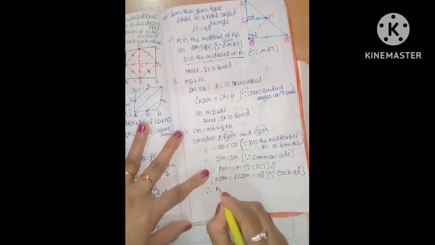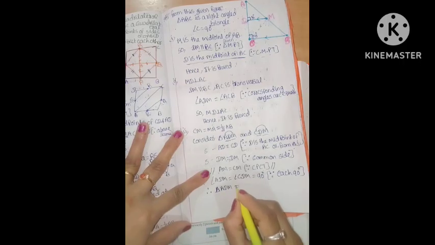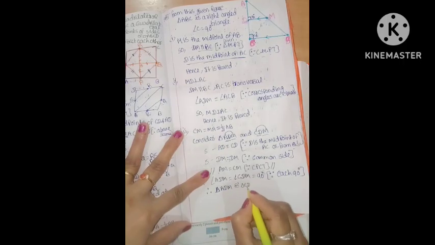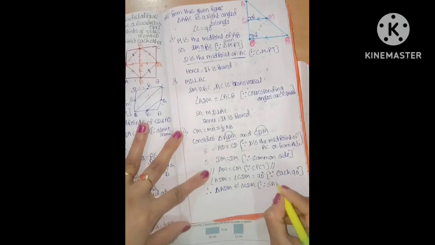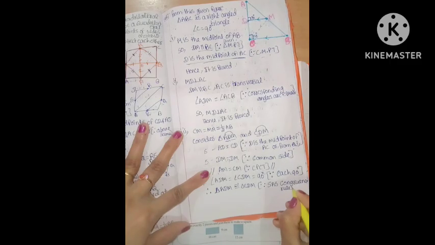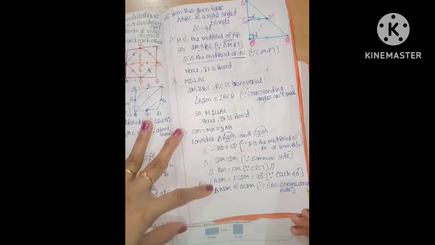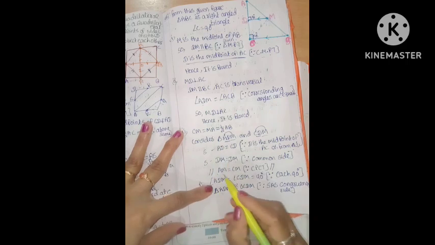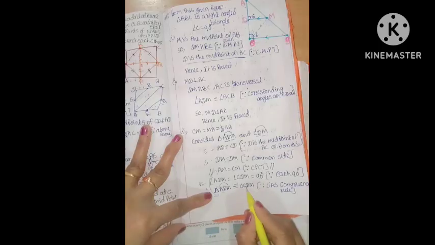Therefore, triangle ADM is congruent to triangle CDM by the SAS congruence rule. After congruence, you write CPCT. AD is equal to CD is already done, and DM is equal to DM is also done.